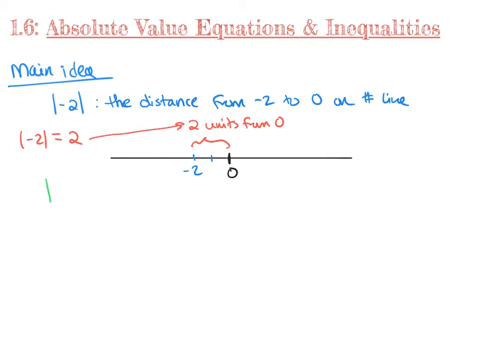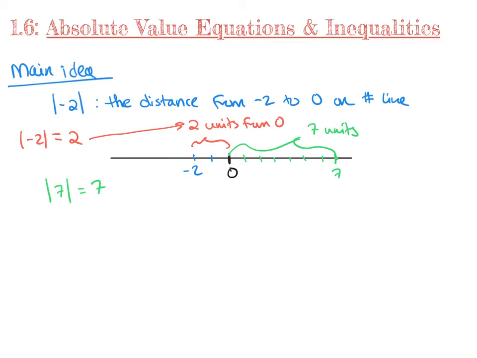Likewise, the absolute value of 7 is, let's see, 1, 2, 3, 4, 5, 6, 7. Well, 7 is 7 units away from 0. So the absolute value of 7 equals 7.